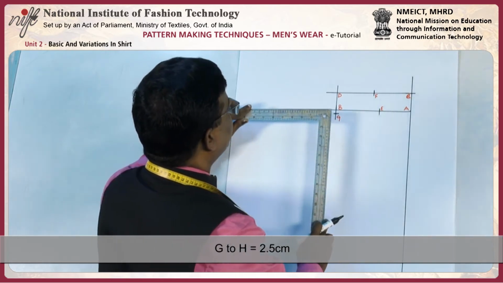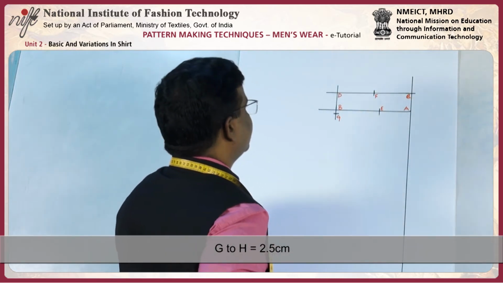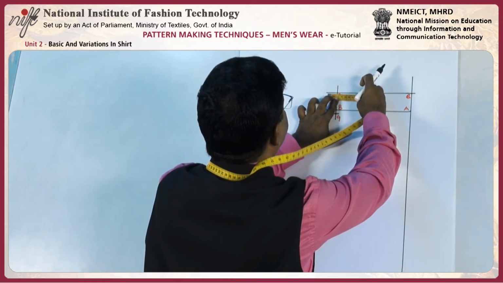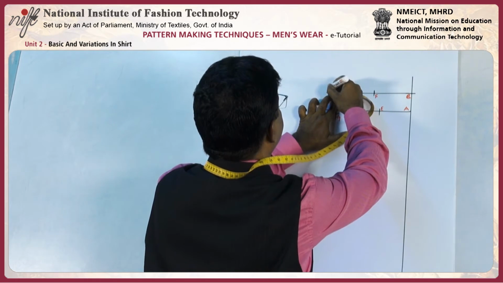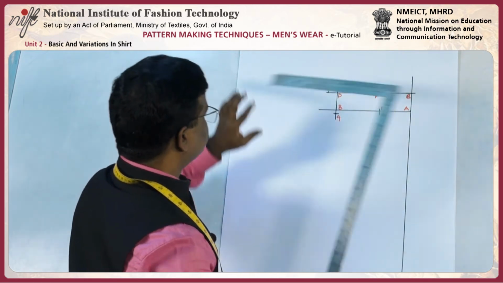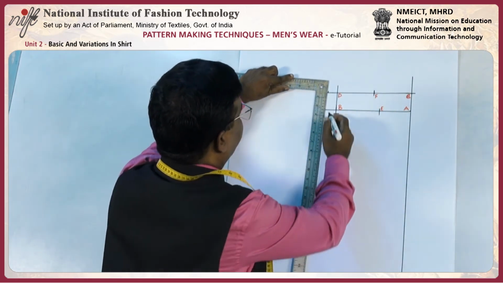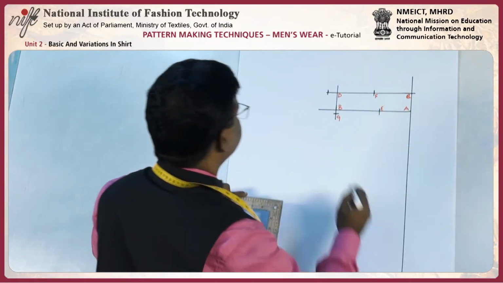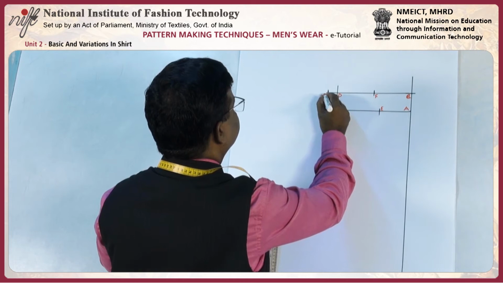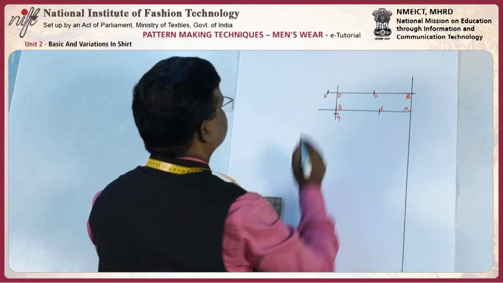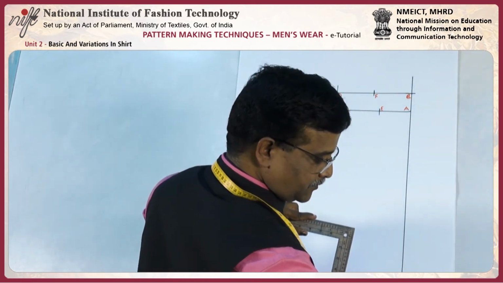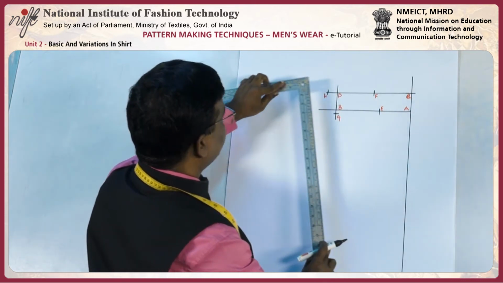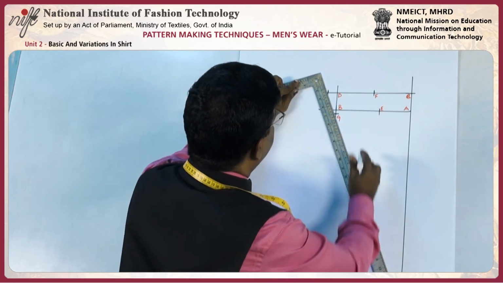D to H, 2.5 centimeter. Draw a line from G passing through H and extend it.